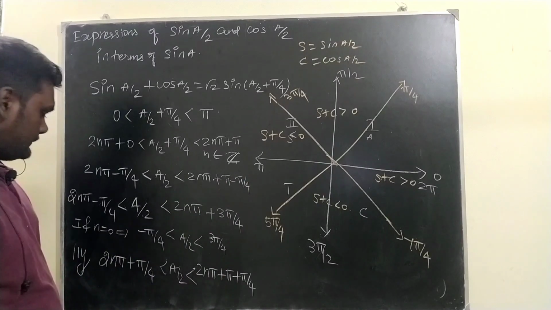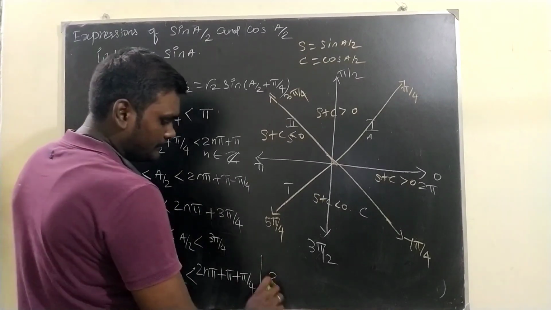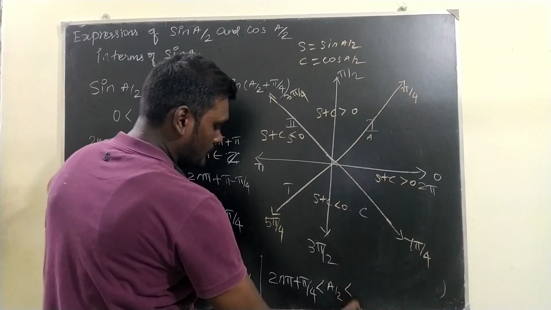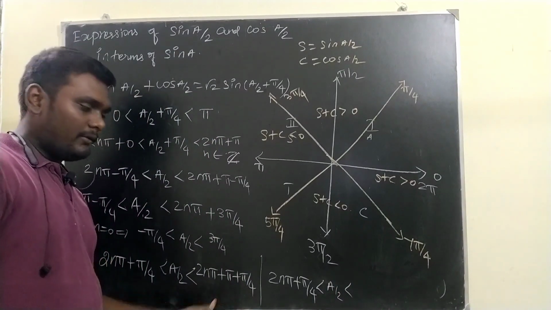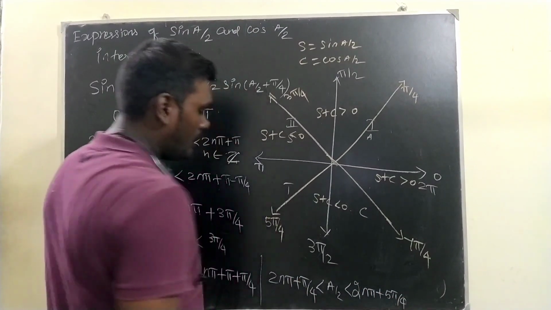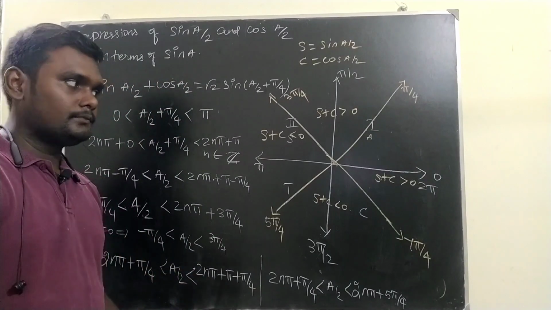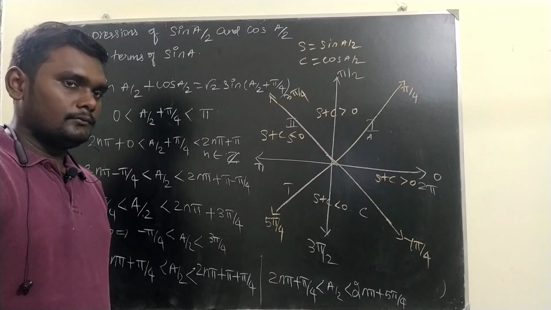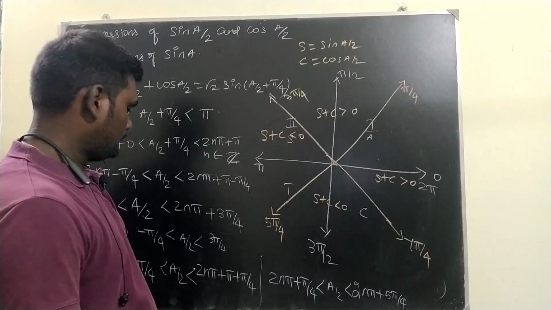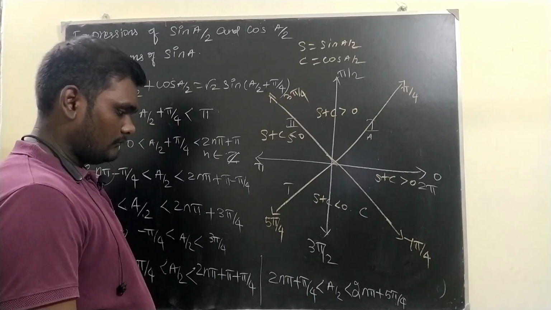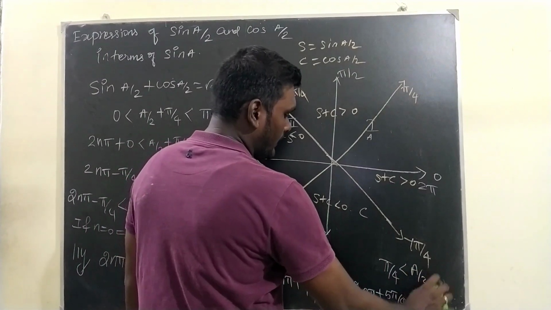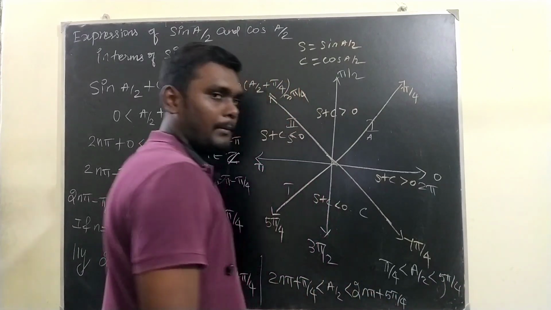Now what is our answer here? 2n pi plus pi by 4, not a problem, less than A by 2 less than, here it is 5 pi by 4. Is it or not? Now here take n equals 0. If you take n equals 0, then you will have pi by 4 less than A by 2 less than 5 pi by 4.